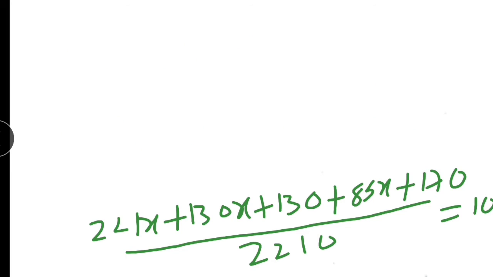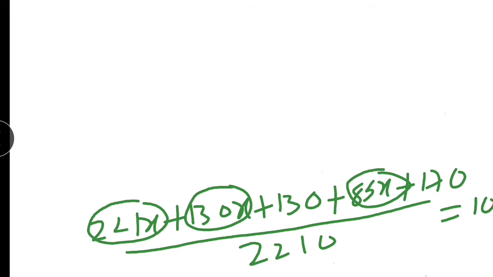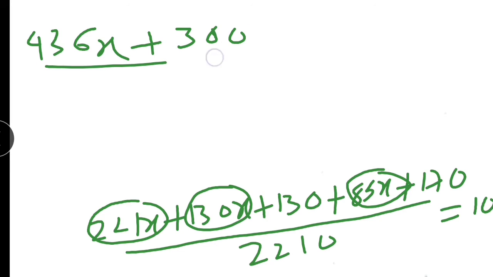Let's add the variables: 221x, 130x and 85x gives 436x. Next the constant numbers, 130 plus 170 is 300, divided by 2210, equal to 10.